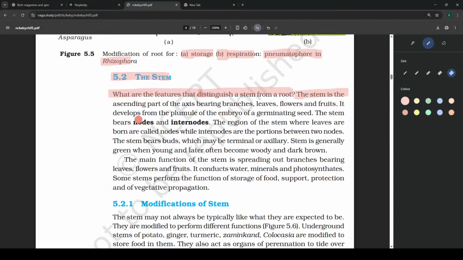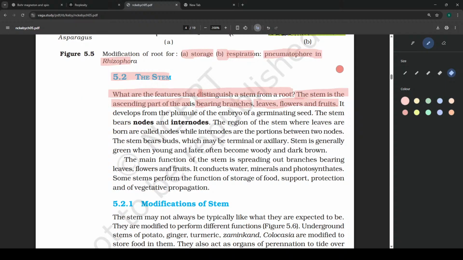The stem is the ascending part of the axis bearing branches, leaves, flowers, and fruits. Basically, the stem will be growing up, and laterally, branches, leaves, flowers, and fruits will be growing. That is what they mean by ascending part of the axis bearing.